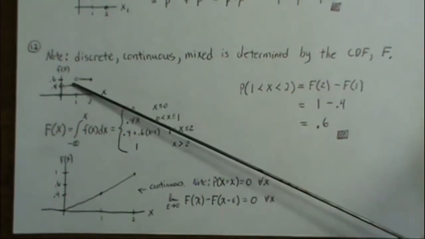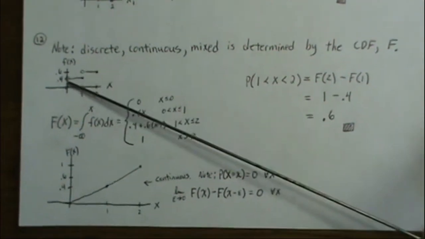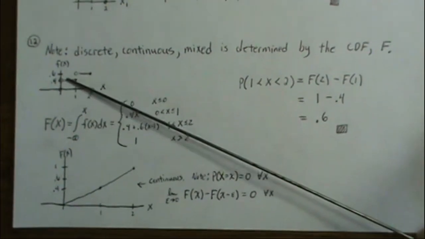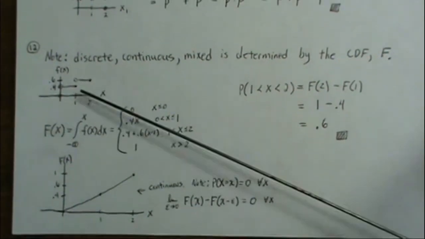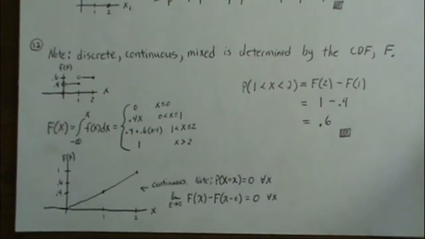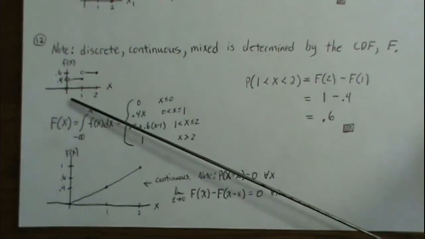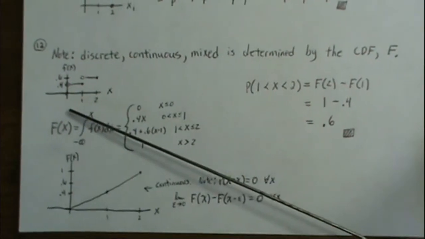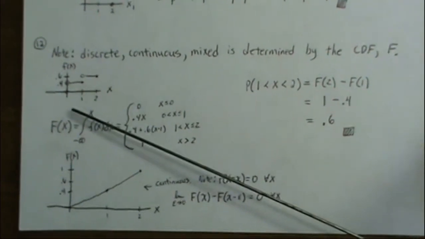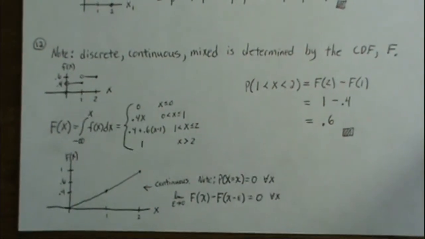Here it looks like there's some jumps, so maybe it's discrete, and then there's some continuous pieces, so maybe it's continuous. So by this you can't really tell. Now there is a way you can tell by looking at it to see if it's what's called left continuous, but we won't get into that here.